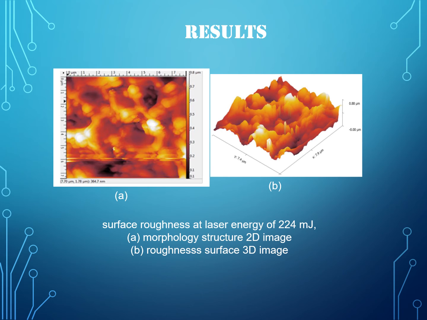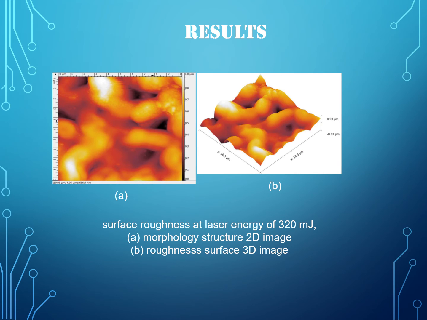The figure shows the surface roughness at laser energy of 2 to 4 millijoule. Figure A shows the morphology structure of 2D image, B the roughness surface for 3D image.